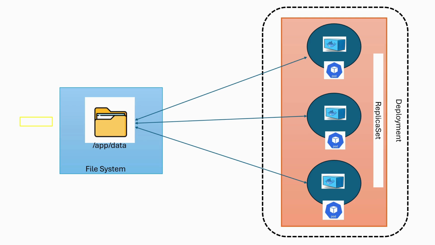In Kubernetes, a volume is a directory that is mounted into a pod and used to store data outside a container file system. So volumes allow data to survive container restarts, and depending on the volume type, also survive pod deletion and node failures. Volumes enable data sharing between containers in the same pod or between multiple pods using shared storage.